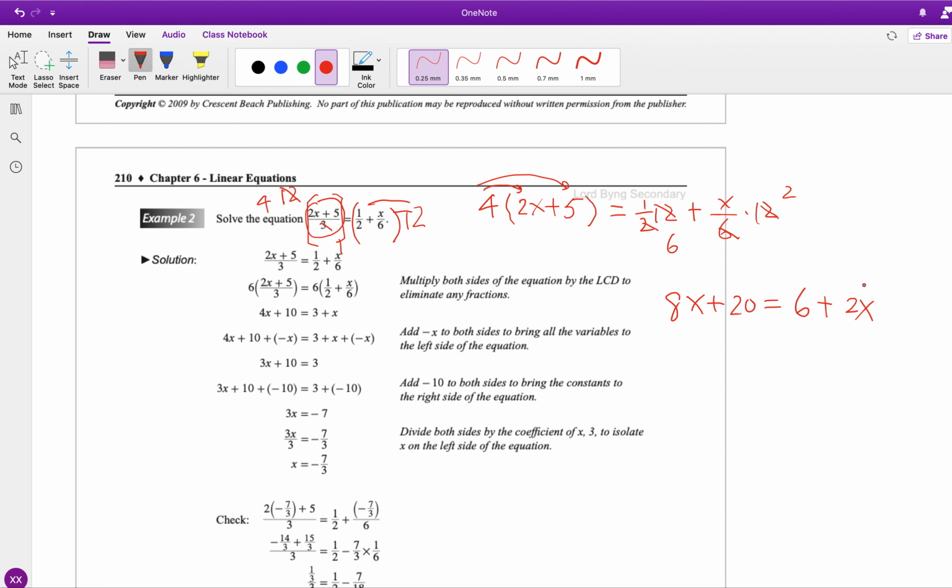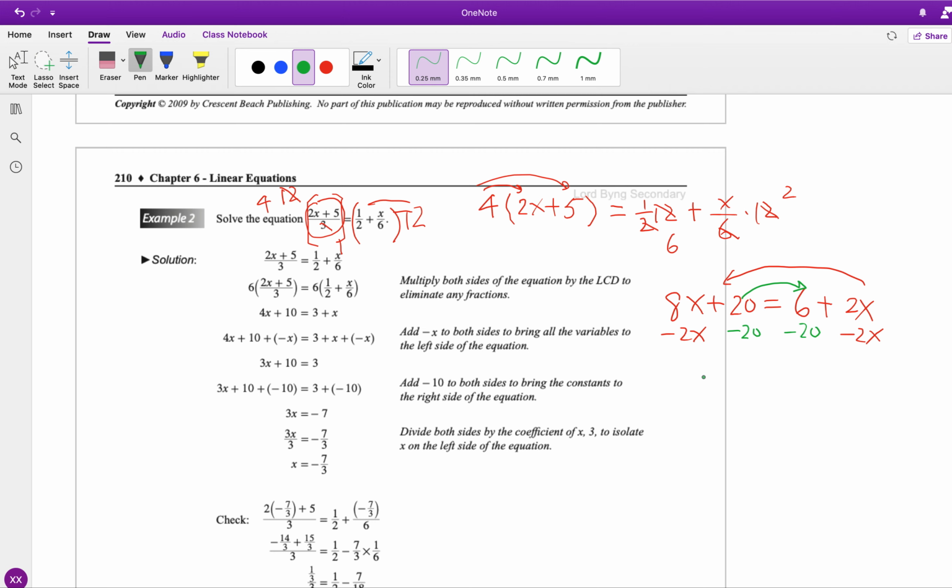This time, move this 2x to the other side by subtracting 2x, and also move the 20 over to this side by subtracting 20.